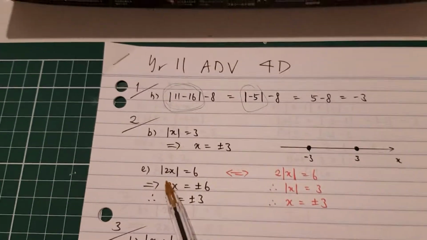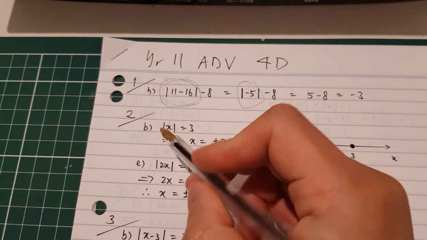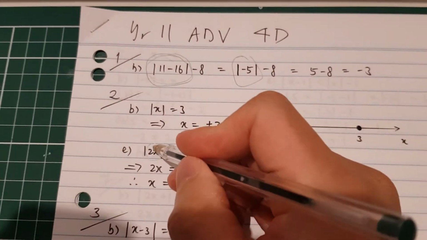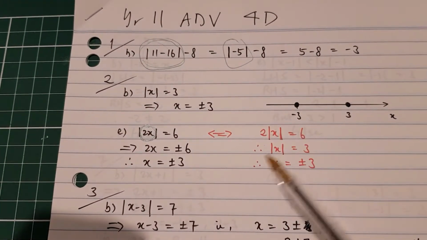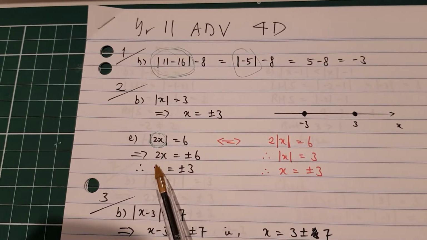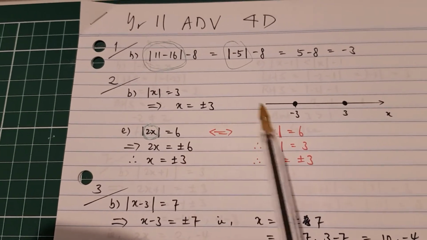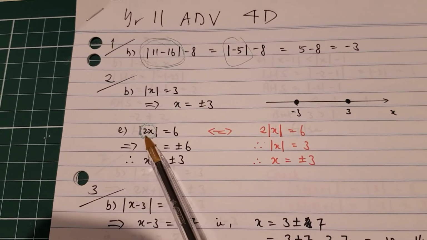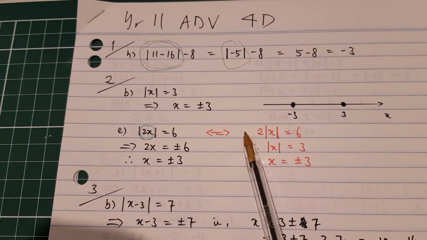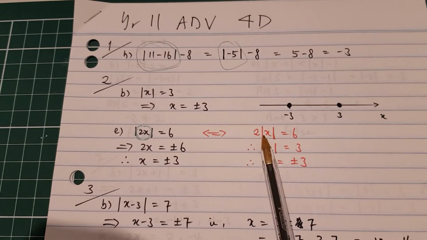Part E, absolute 2x equals 6. Same sort of thing going on. In this case, you have to treat the 2x as if it's a single term. So 2x is plus and minus 6, hence dividing both sides by 2, you get x equals plus minus 3. Or you could think of it this way: absolute 2x, you can take the 2 out because it's a positive number, so you can move the 2 outside the absolute value.